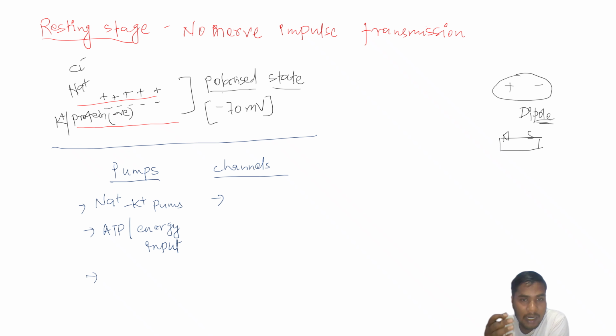Basically, channels are the media through which charge or ions move inside or outside. So the channels provide the passage for the migration or diffusion of charge. Channels don't require ATP or energy.